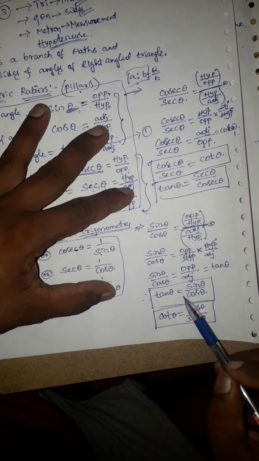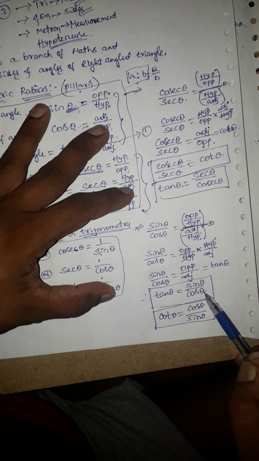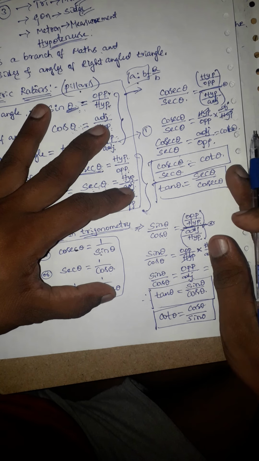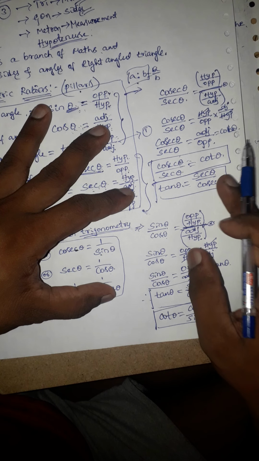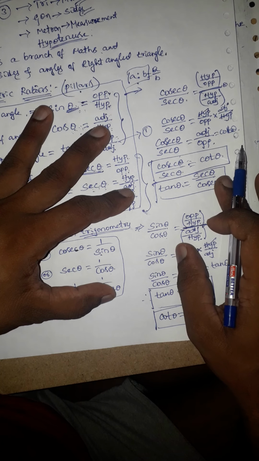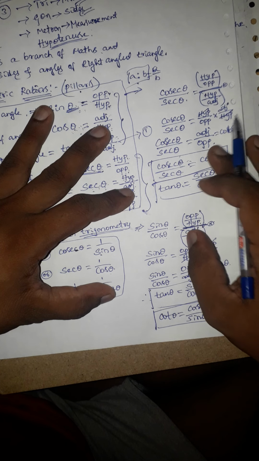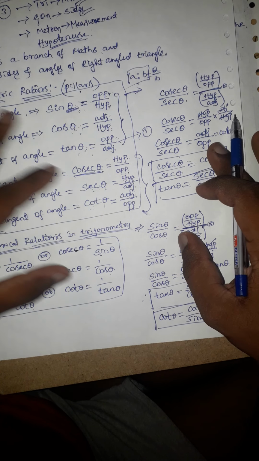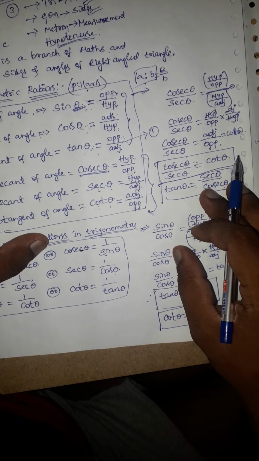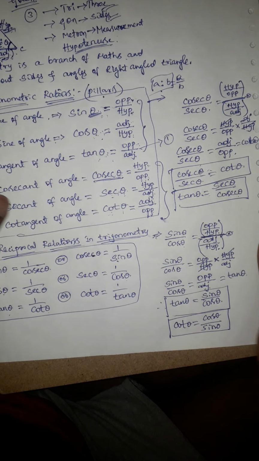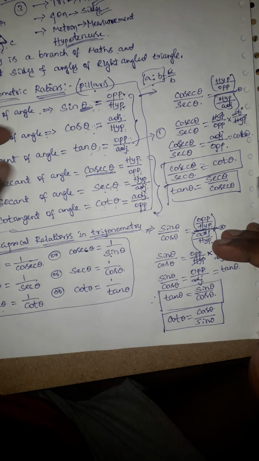In the same way, tan theta is sin theta by cos theta, then cot theta is cos theta by sin theta. So these trigonometric ratios are very important. These are the basics in trigonometry. In higher classes these are very important, that's why you need to learn them in high school only. This is a basic. I hope all understand.